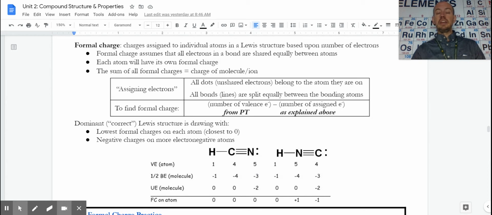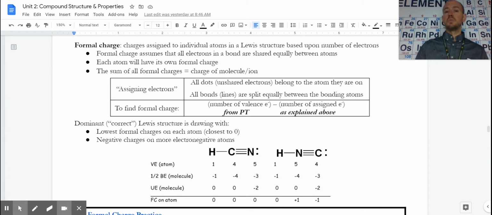So some of these things here are not actual facts of where the electrons are hanging out, but they are important things that can help us to understand why one drawing may be better than the other, why CO2 has double bonds rather than a single or triple.